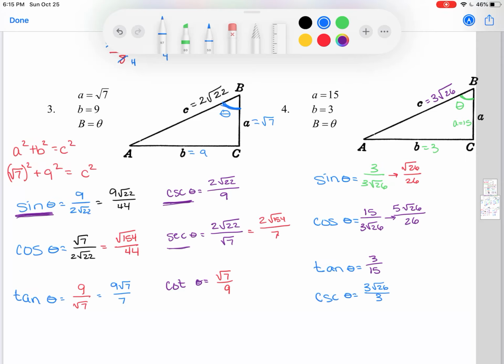And it looks like I might run out of room there on the right, so I'm going to just keep going underneath tangent. I got cosecant theta, which would be 3 root 26 divided by 3, followed by secant theta, which is 3 root 26 divided by 15. And then my cotangent theta is going to be 15 divided by 3.